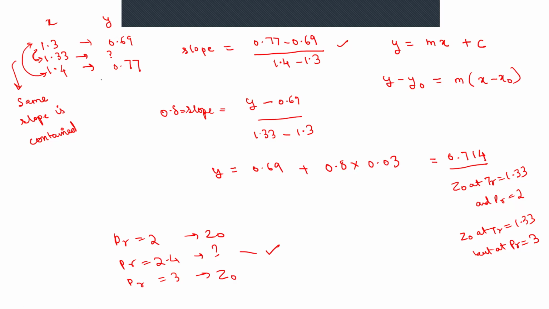So similarly, you have to do it for the Z1 also. Now this Z naught, you will get it as 0.697. Okay. And similarly, Z1 you will get as 0.205.